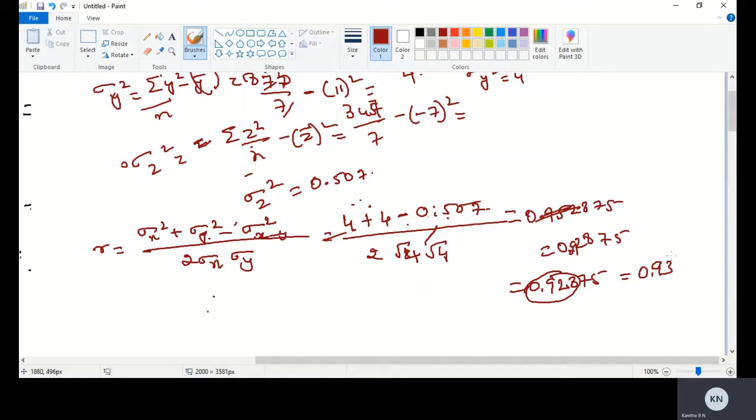Take the accuracy and keep the answer 0.93. Then R is equal to 0.93.